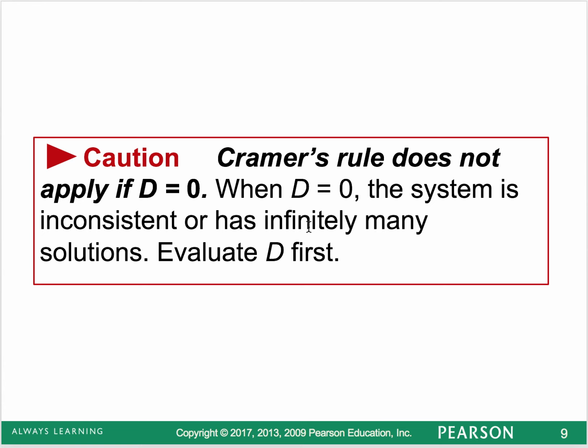So I know that, right? If we're going to get a solution, Cramer's rule will work. But if it's inconsistent, in other words, no solution or infinite solutions, it doesn't tell us that. So always evaluate D first, and then we'll have to switch to another method to tell us which of these two choices it is.